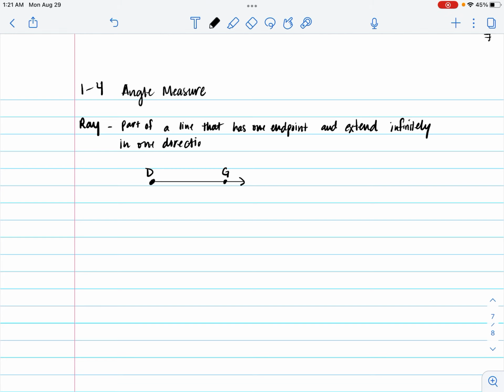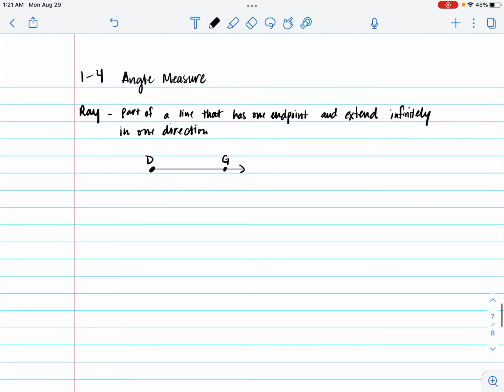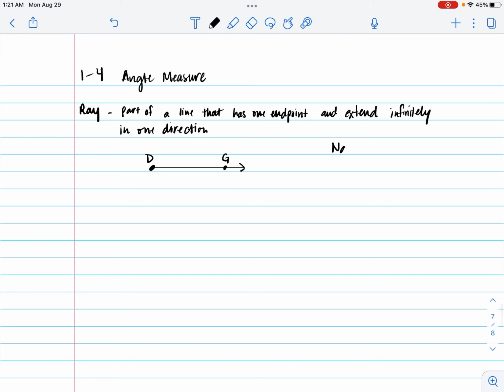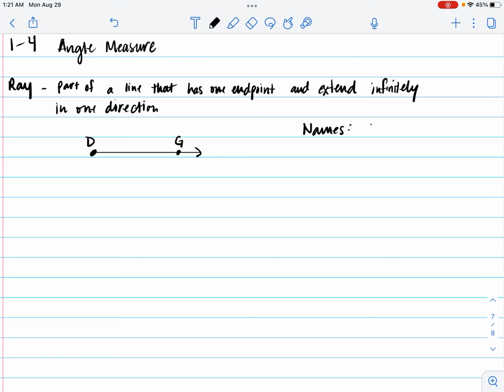So that's pretty much what we specified two seconds ago, and we have names for it. In this particular case, we call this one DG.